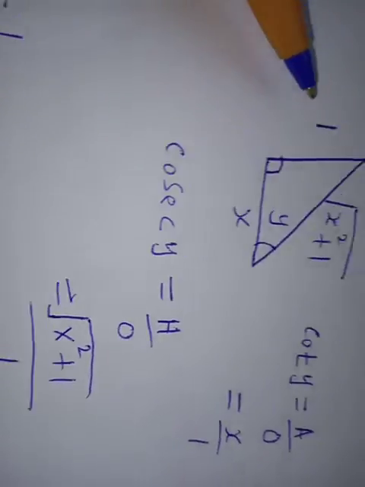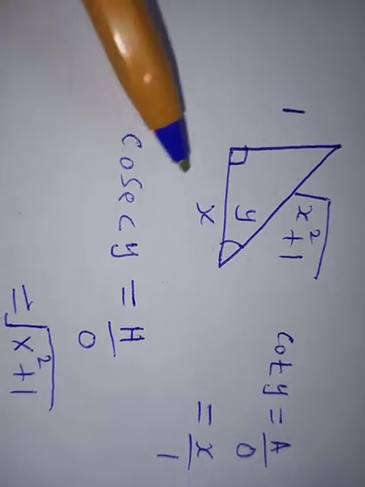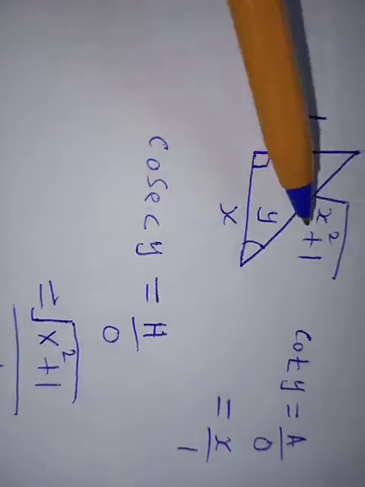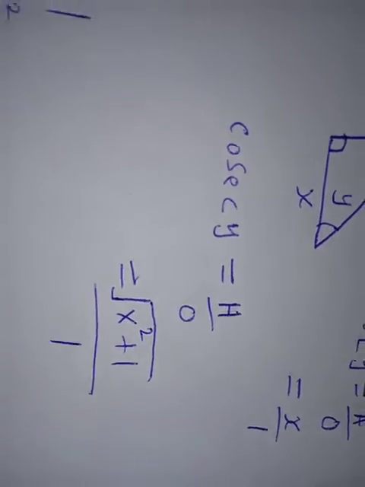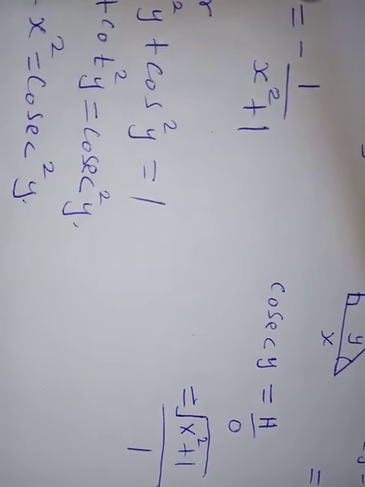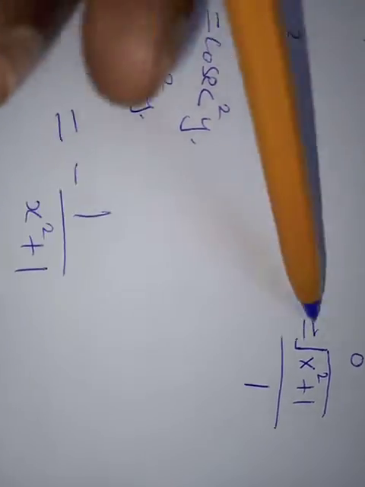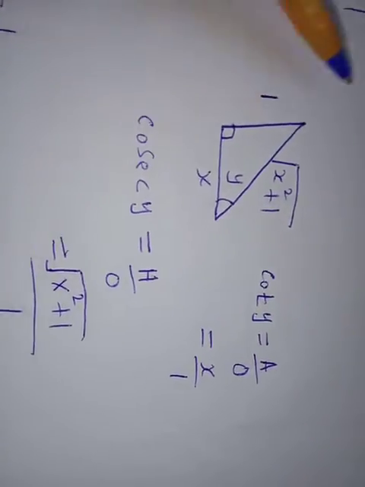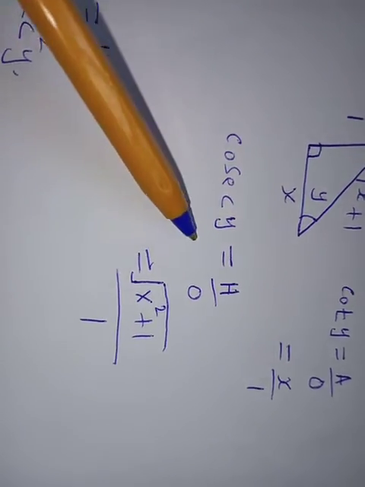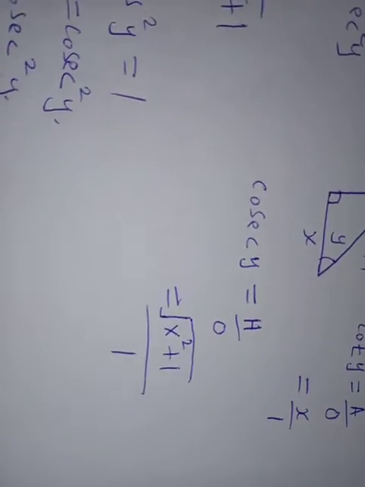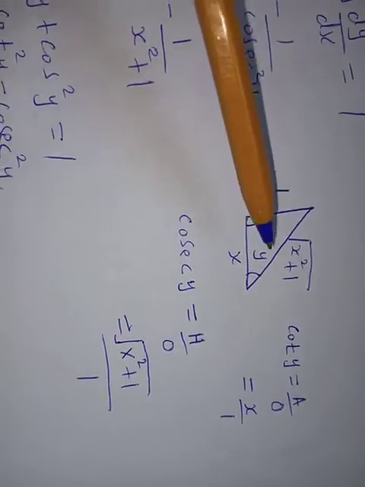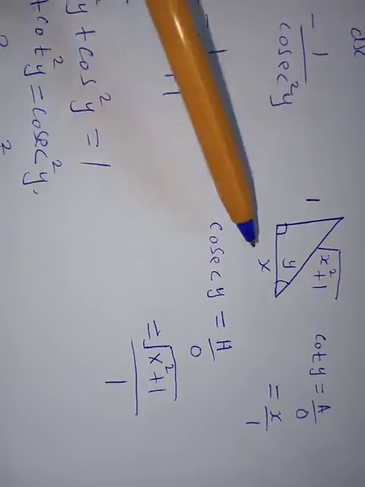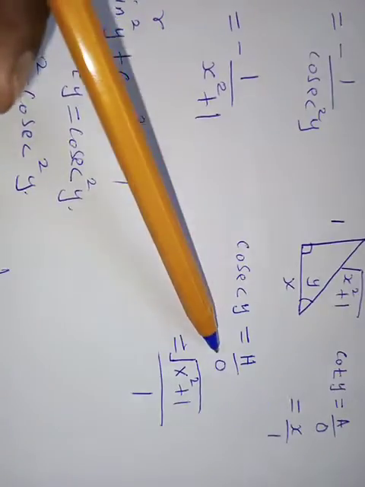The hypotenuse is the square root of x squared plus 1, divided by 1.